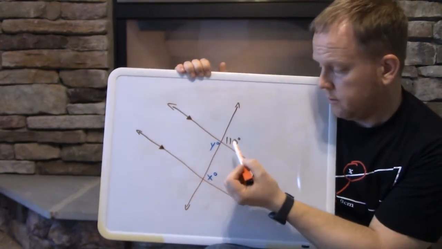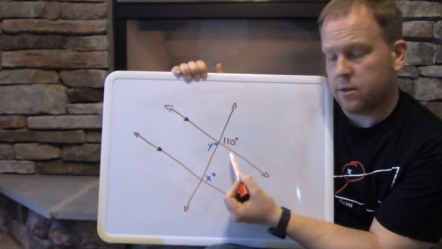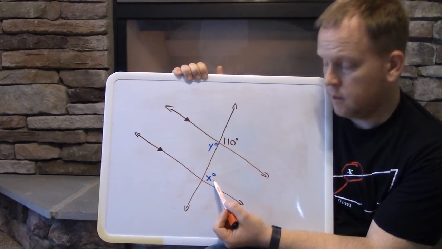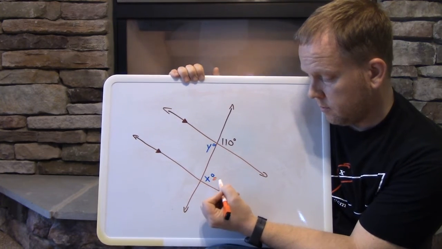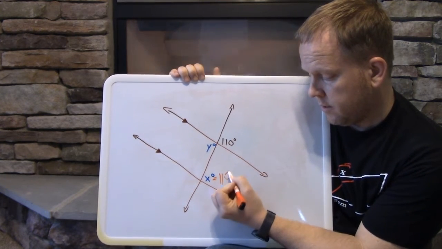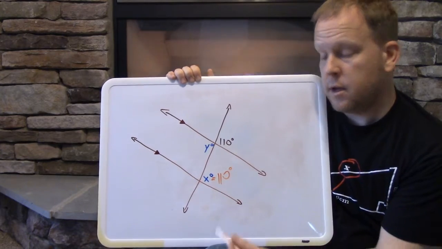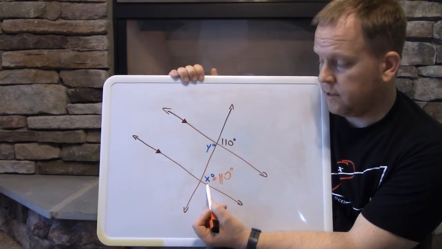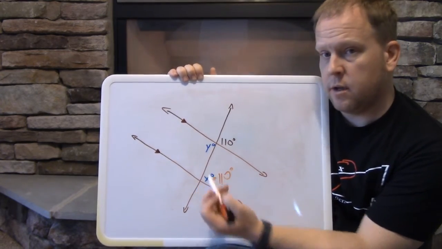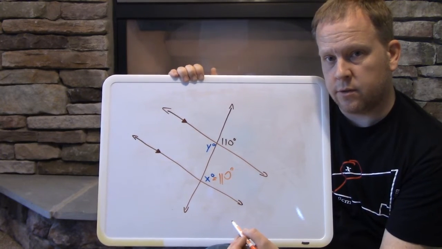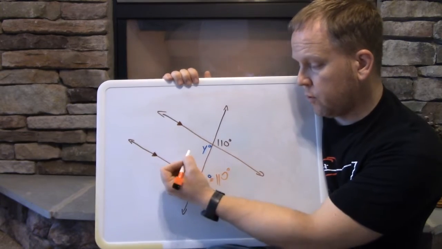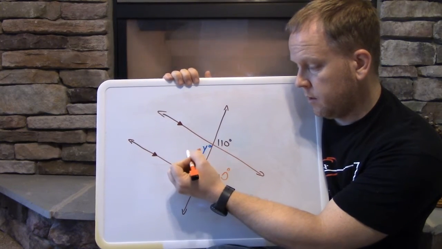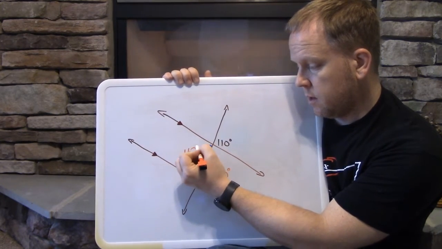The 110 degrees is a corresponding angle to angle x. So if this is 110 degrees, x is also 110 degrees. Now that I know x, I see that the relationship between x and y are alternate interior angles. We know that alternate interior angles are also congruent. So y is also 110 degrees.